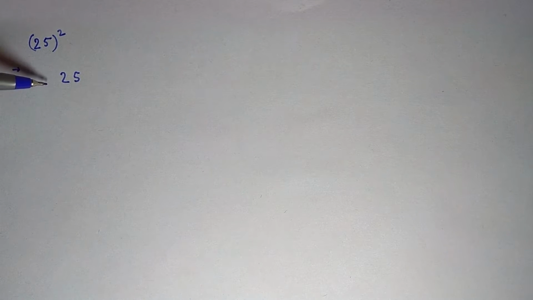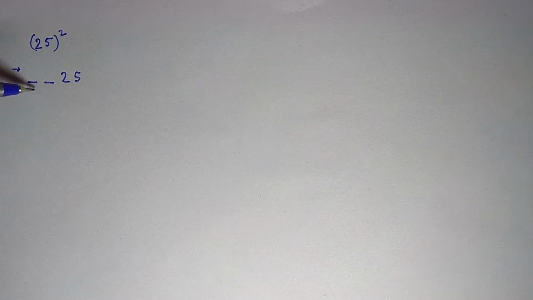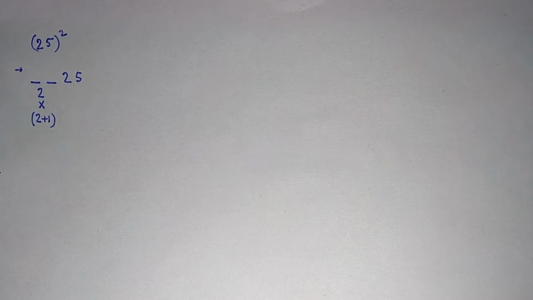So 25 squared, as we all know, is 625, but the easier way or the trick is to write 25 at the end and multiply 2 with the next number, that is 3. So that makes 2 into 3 is 6.